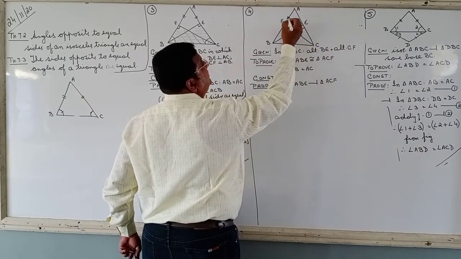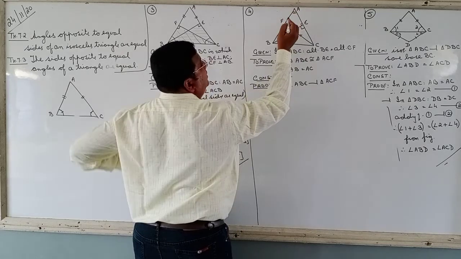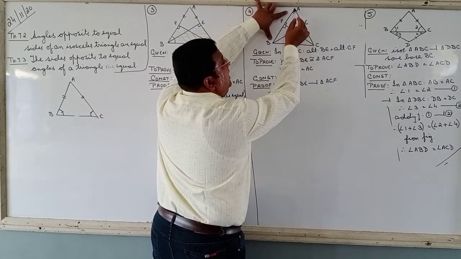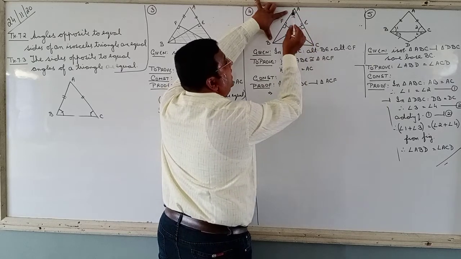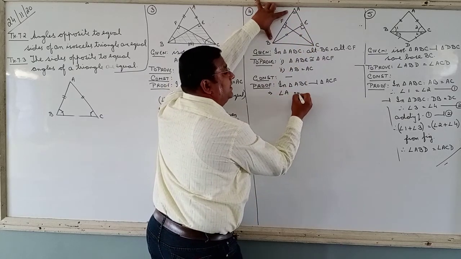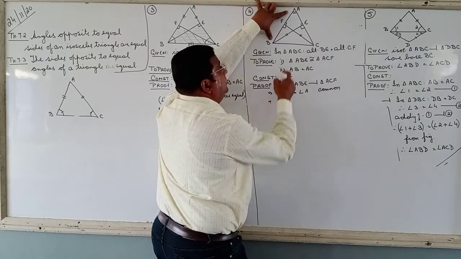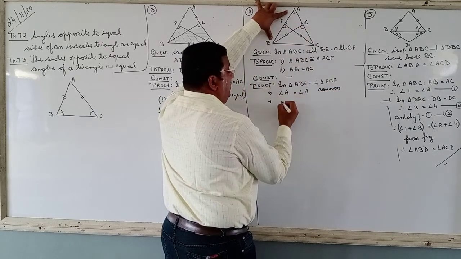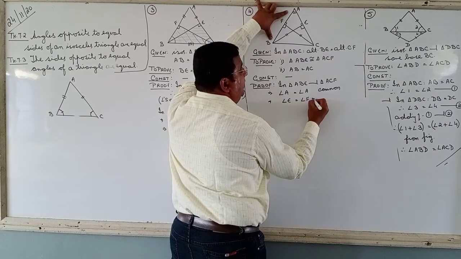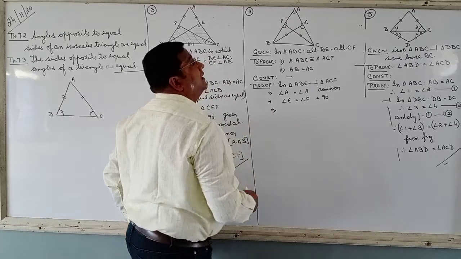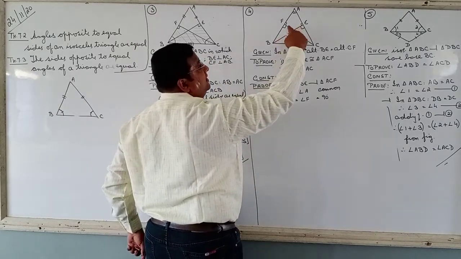So can we see this angle in common? Which triangle? ABE, can you see this? And ACF, can you see this? One angle is common. Angle A is equals to angle A, that is common. And angle E is equals to angle F, is equals to 90. And can you see this side? BE equals to CF.